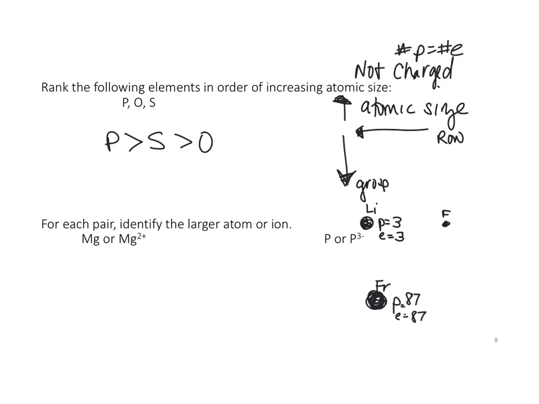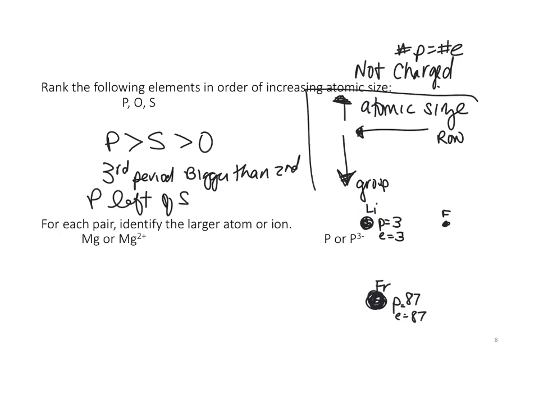So phosphorus and sulfur are in the third period, and the third period are going to be bigger than the second period. And then phosphorus is to the left of sulfur. So you do need to memorize that trend and be able to apply it.